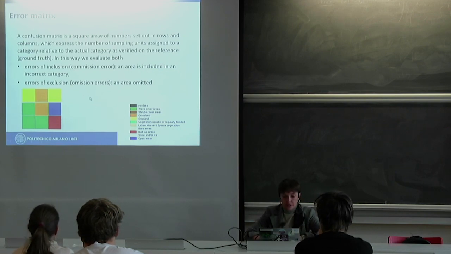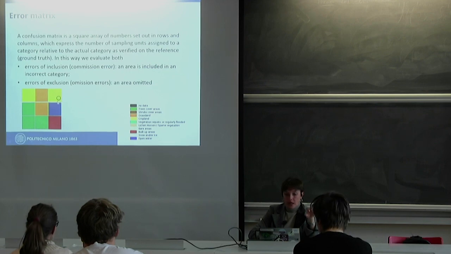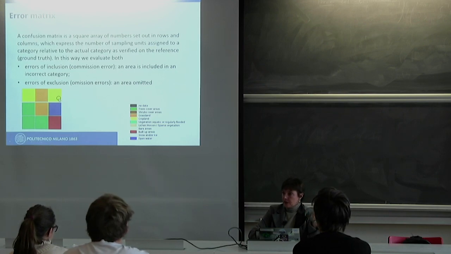It means in the first case that I make some measurements here and there, like for instance in this point here, and I discover that the measurement in the field is exactly the same as the category that is reported on the map. Or suppose that I make a measurement also here, and I discover that the measurement here is different with respect to the land cover category that I have on the map. So in this case, the map is correct. In this case, the map is not correct.